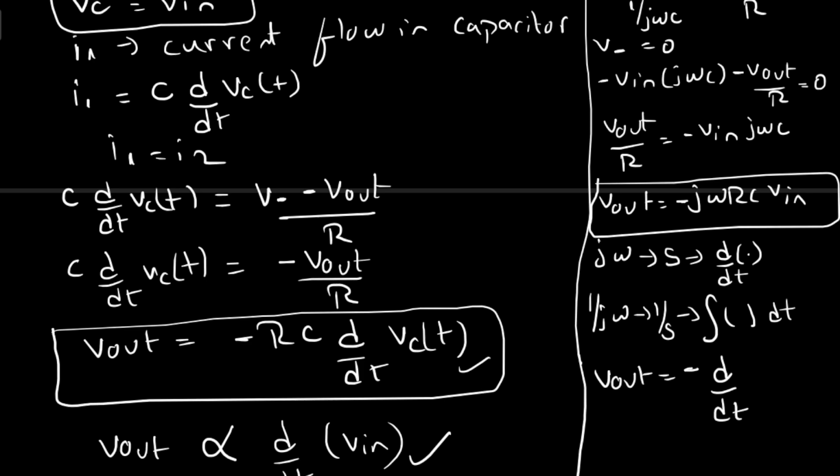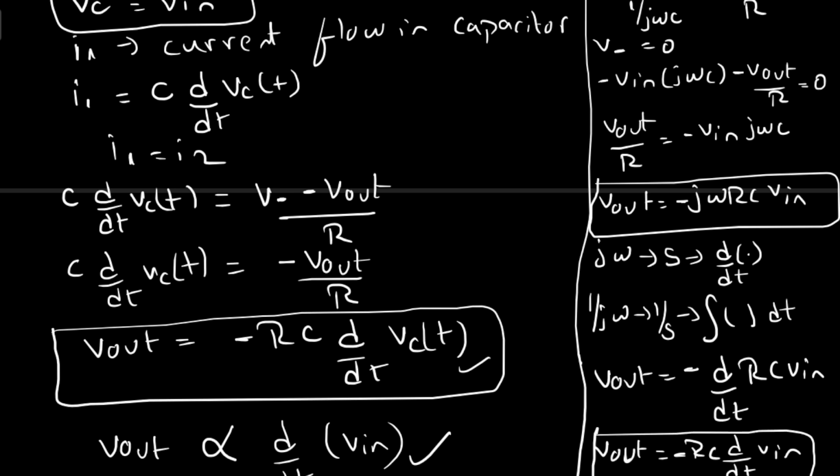RC is a constant, the time constant, you can take it out. So V out equals minus RC d by dt of V in. Finally we got the same expression that we got earlier.